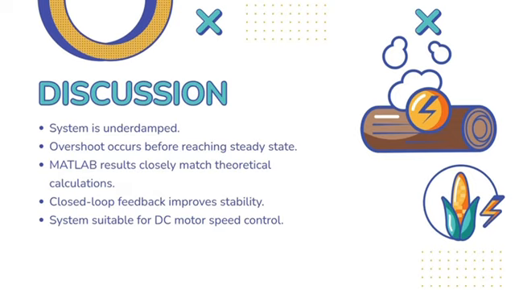The MATLAB simulation result closely matches our theoretical calculation, showing that our mathematical model is accurate. In addition, the closed-loop feedback improved the stability and performance of the system by reducing the effect of disturbance. Therefore, this control system is suitable for DC motor speed control.